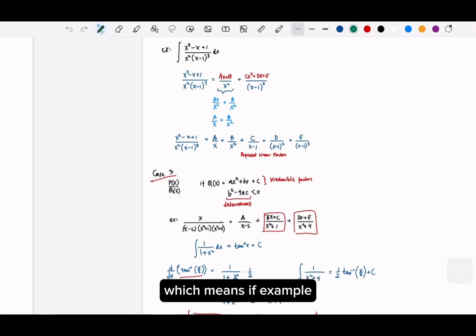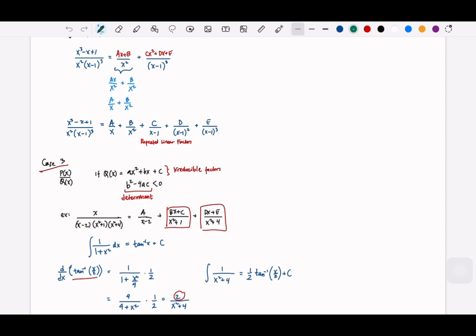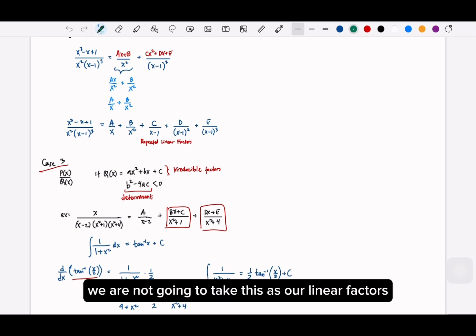Which means, for example, if we have a fraction like x over this, then these two parts, we are not going to take as our linear factors. Our linear factors are something like this.